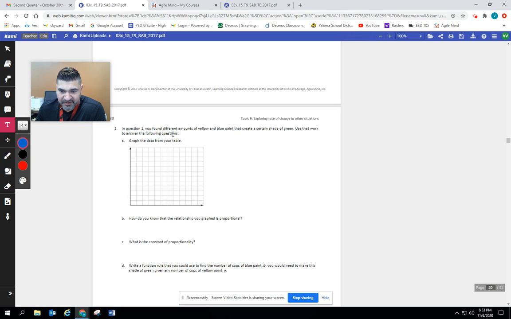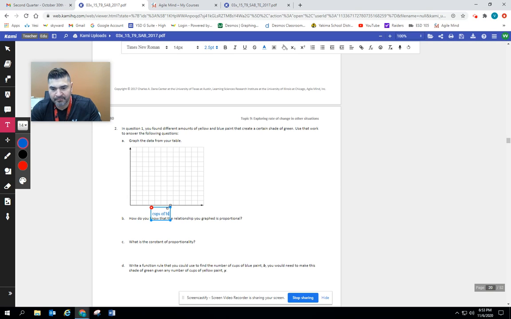It says in question 1, you found different amounts of yellow and blue paint that create a certain shade of green. Use that work to answer the following questions. Well, I'm going to have to label this either blue paint or yellow paint. And it just depends which way we want to go. You could put either one on either side. I think I'm going to go with cups of blue paint on the bottom.